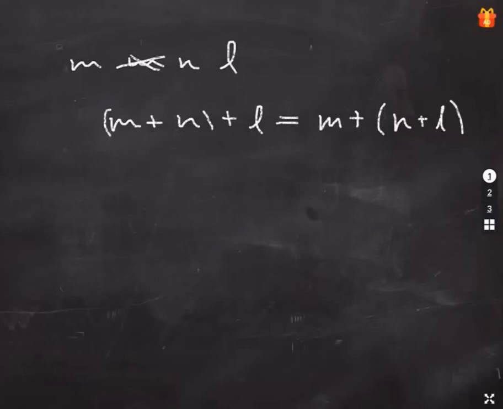Yet another proposition, the cancellation law. If we have three natural numbers, and m plus n is the same as m plus l, then we have that n is the same as l, and you can prove this yourself.